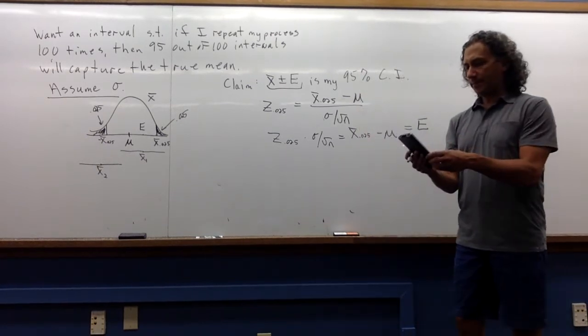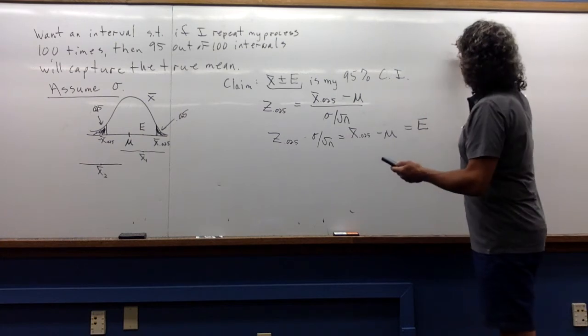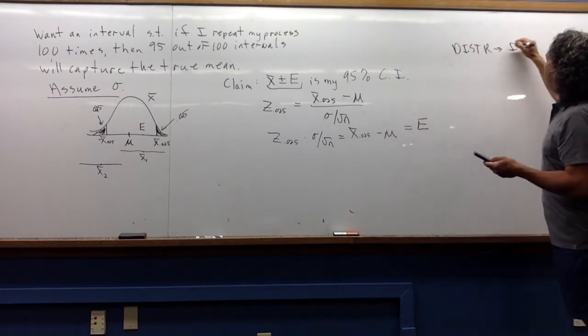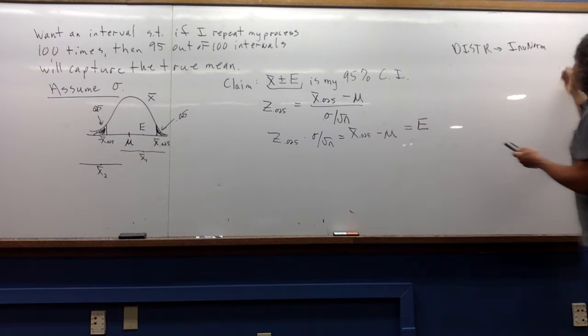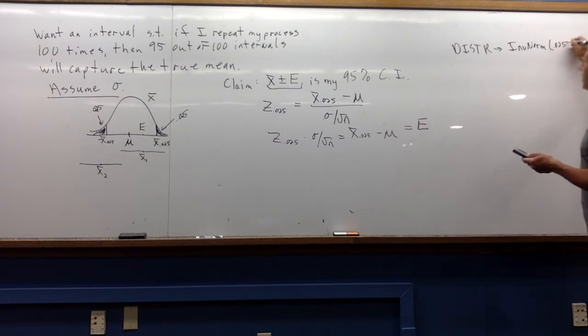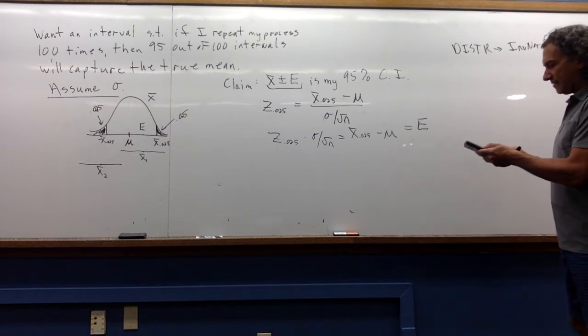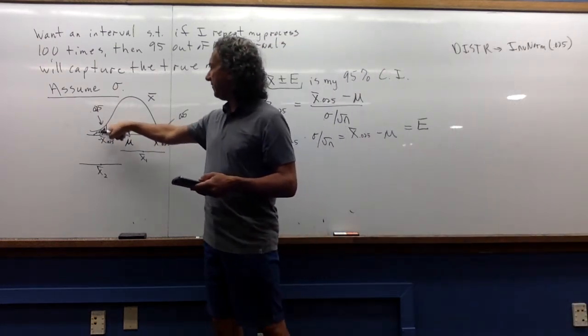In fact, let's do that. So this is where you go to the distr key, go to inverse norm, hit enter, and type in 0.025. Again, if I do 0.025, technically that is going to give me this negative value here.